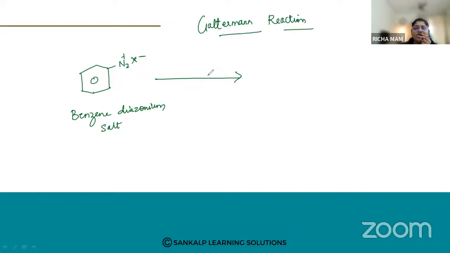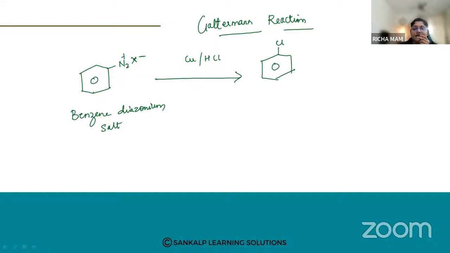In Gattermann reaction, if I want to directly introduce Cl-, I should take the corresponding halogen acid and the copper powder. So if I take copper powder with the halogen acid, what am I going to get?